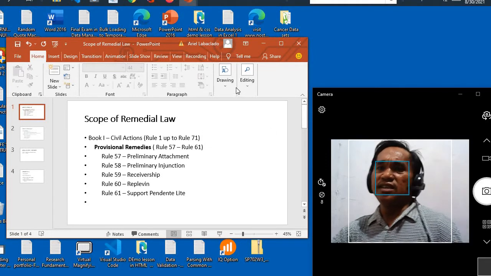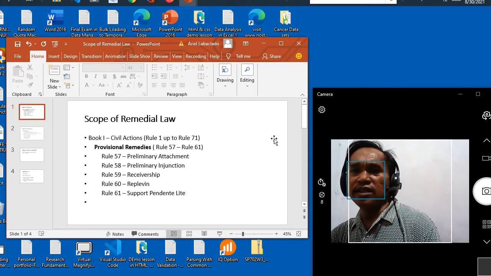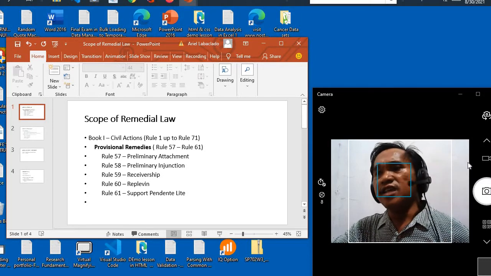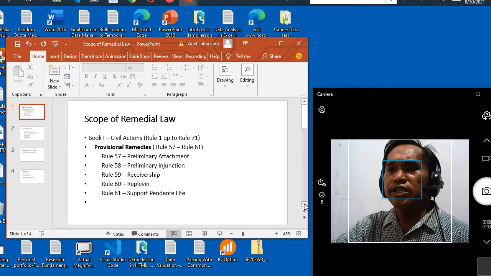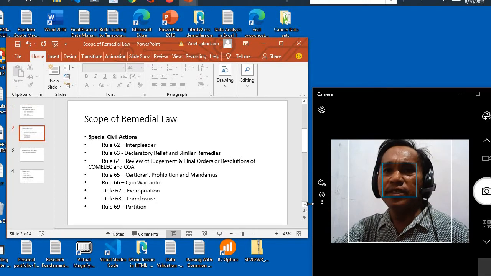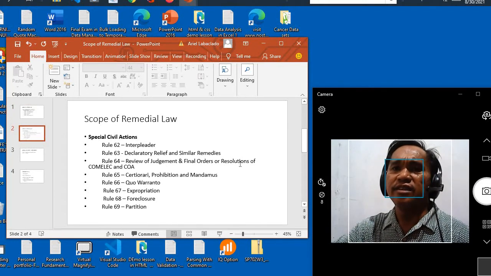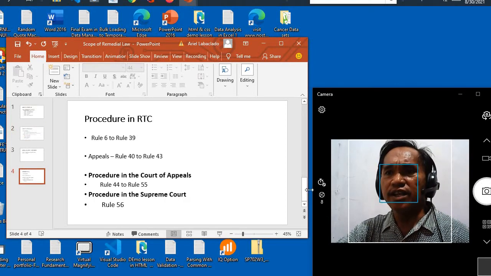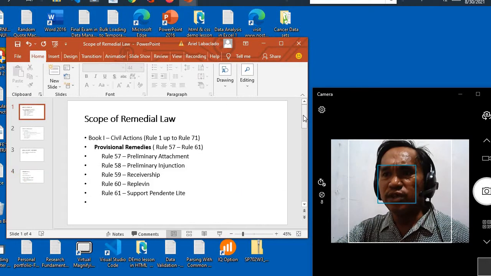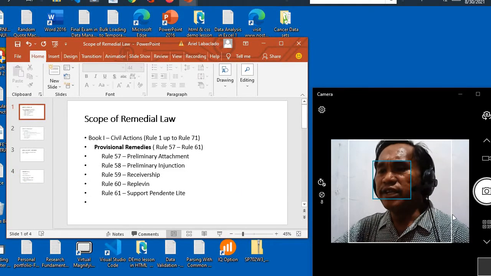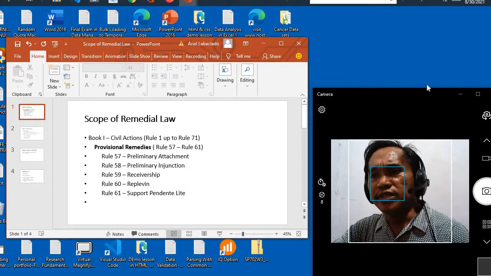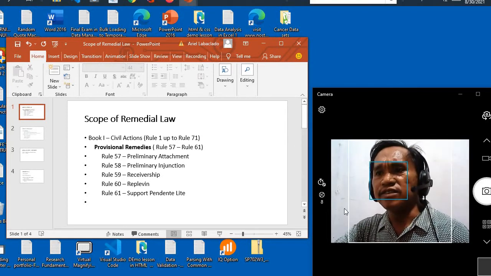That is in Book 1 only, civil actions. It includes the provisional remedies, the special civil actions, and the procedures there.